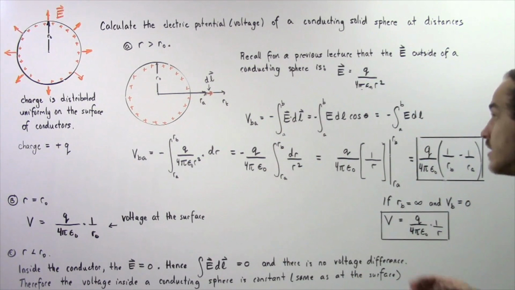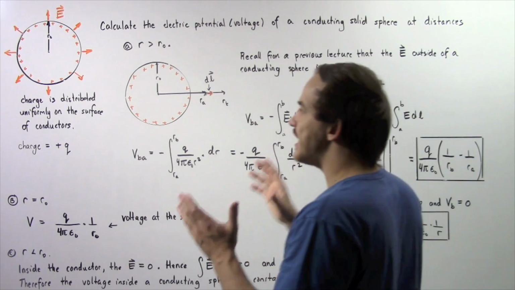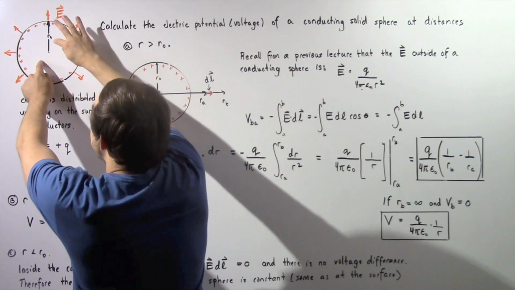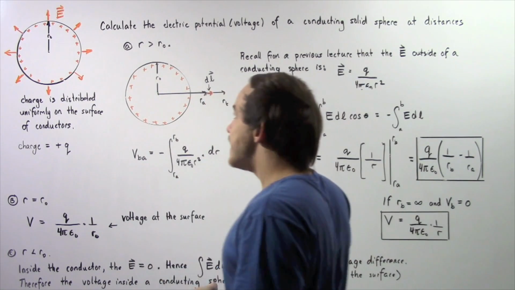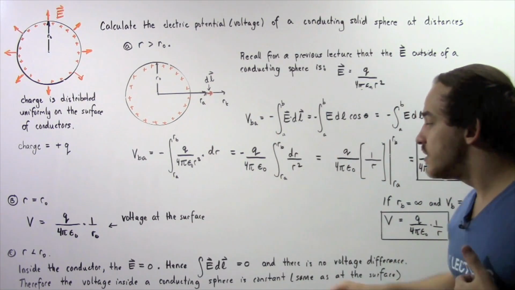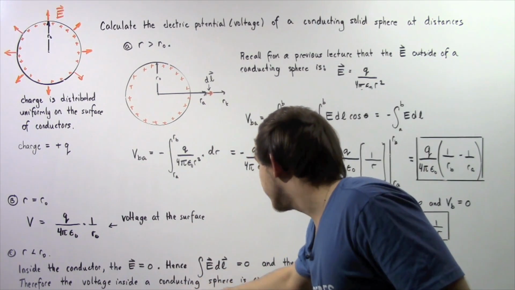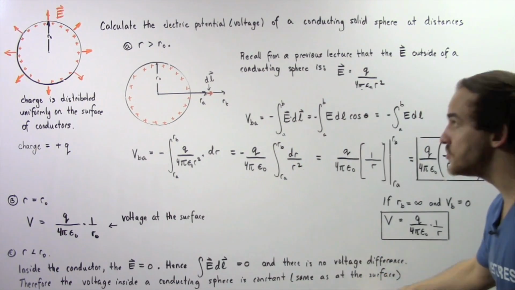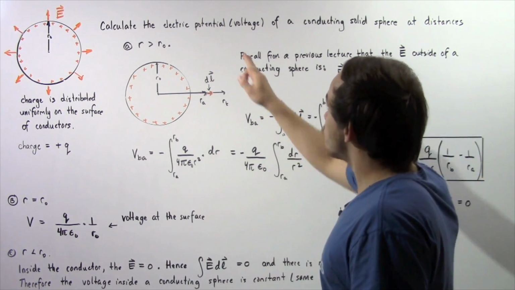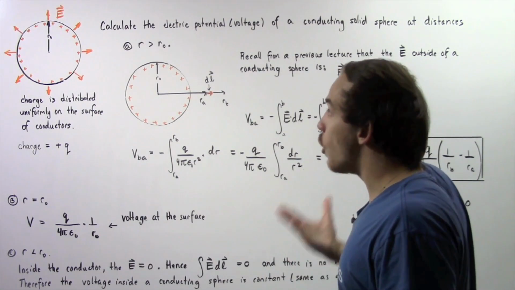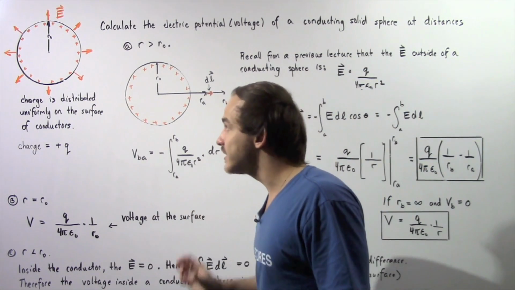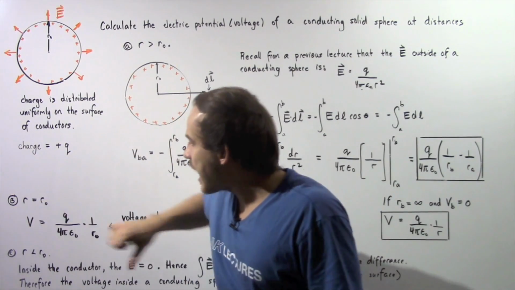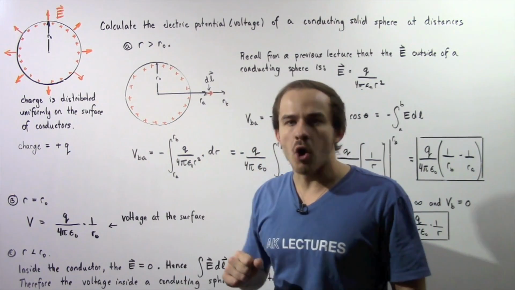And that means there is no voltage difference inside our conducting sphere between any 2 points A and B inside. Now, that basically means that the voltage inside the conducting sphere is constant and it's equal to the voltage at the surface. So the electric potential or the voltage inside our conducting solid sphere is simply given by the equation that we were able to show in part B.